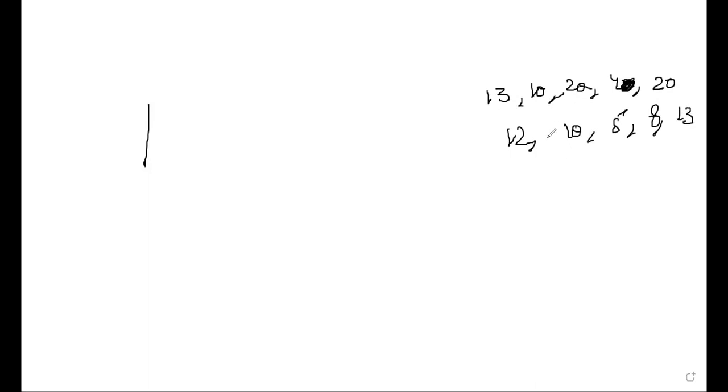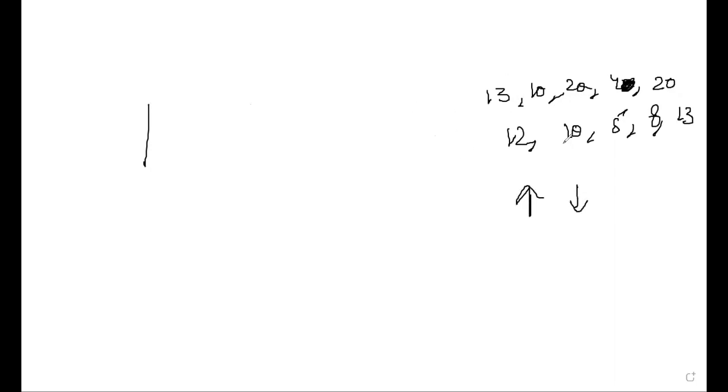For example, I just gave you these numbers: 10, 20, 4, 20, 10, 5, 8, 12, 13, 13. So the very first step is to arrange them in ascending or descending order.